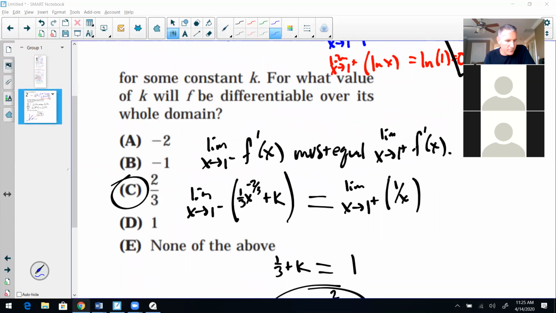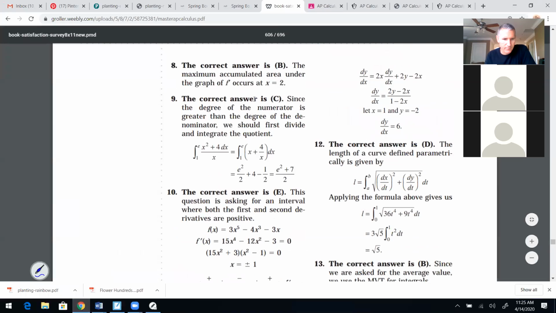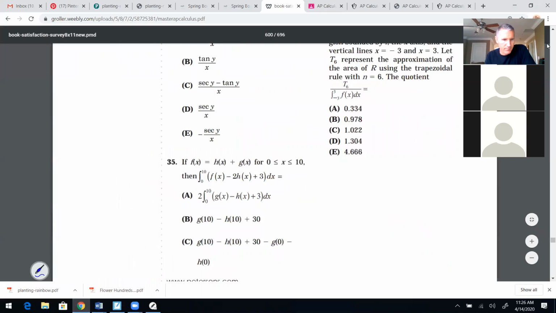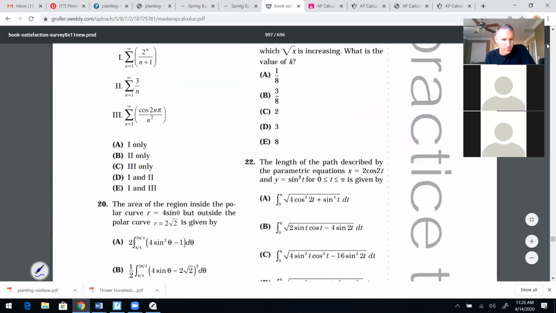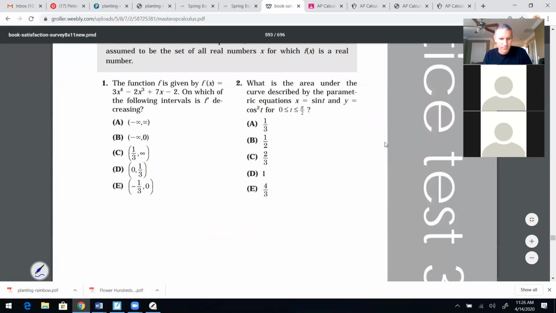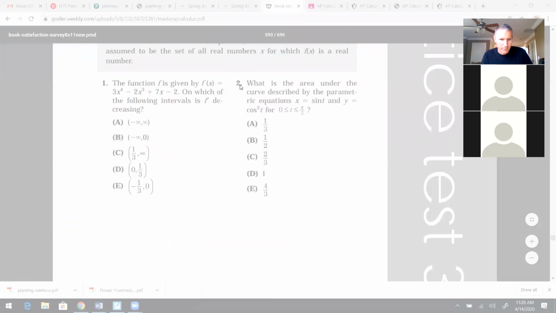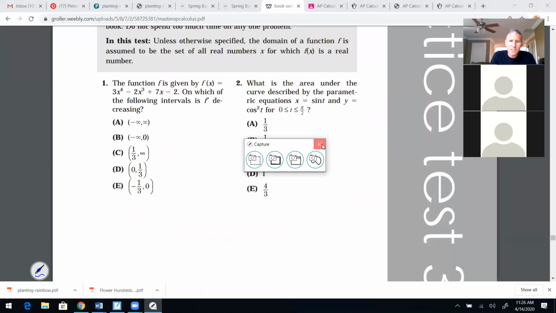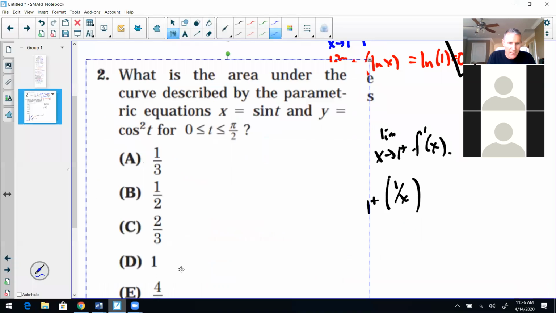Problem number 2. Let's check out problem number 2. I'm actually going to say this, Kayla, now that I'm looking at it. This is a parametric problem.